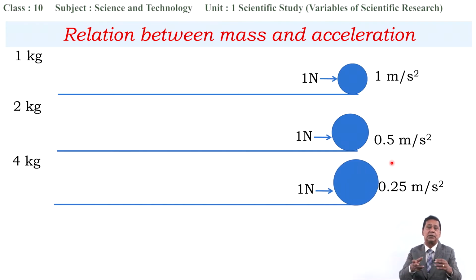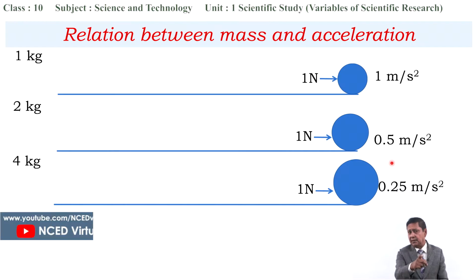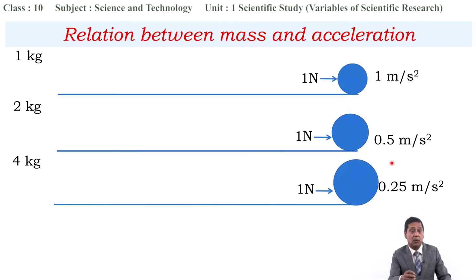Now what is the conclusion of this experiment? We are comparing different variables with each other and deciding which one is independent, which one is dependent and which one is the controlled variable. In this experiment, the mass of the body is manipulated, changed. We are increasing the mass, or we can decrease it also. Mass is changed and its effect is seen in acceleration.